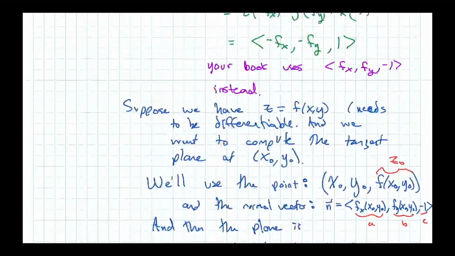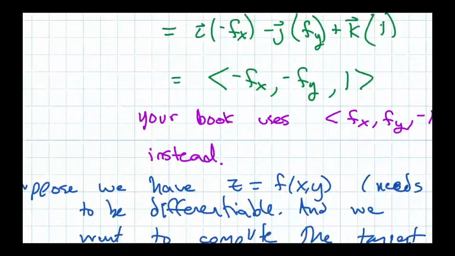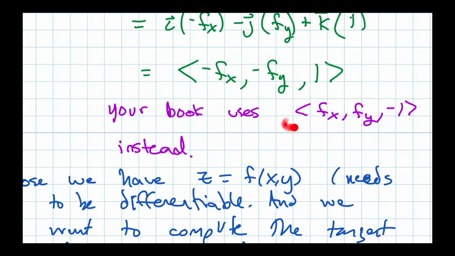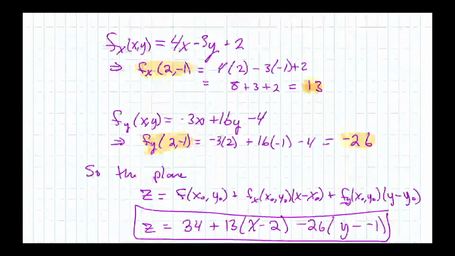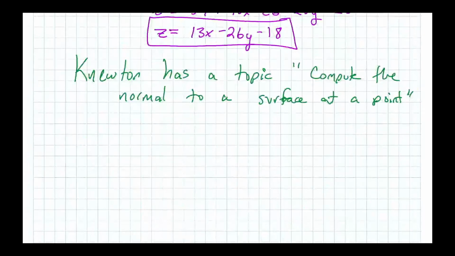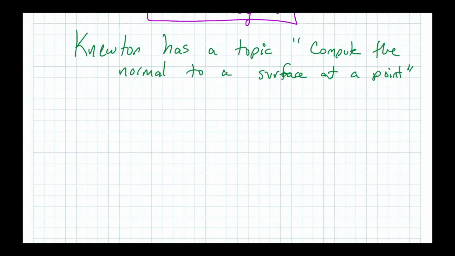So if we scroll way up here, this was what we calculated, this was what the book had, and this is literally what they wanted you to calculate. I'm just going to mention it, write it down, put it in a box, and you're not going to have to do it. It's because the problems in Newton were actually literally unsolvable. So you can't do it, but I'm just going to comment on it. So Newton has a topic, compute the normal to a surface at a point, and you would need to know the formula.